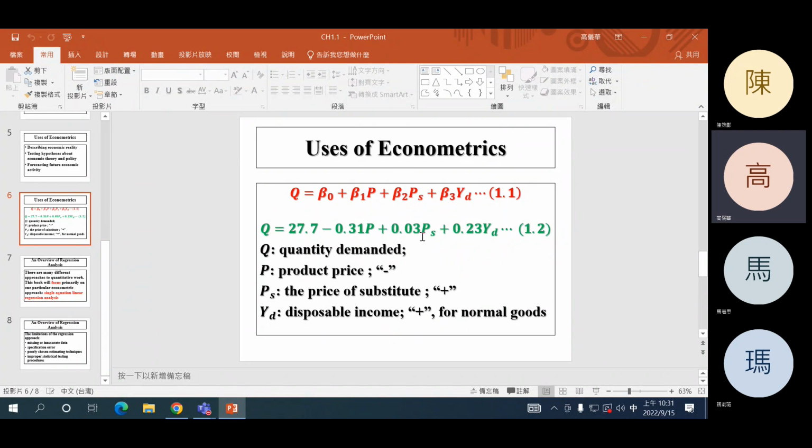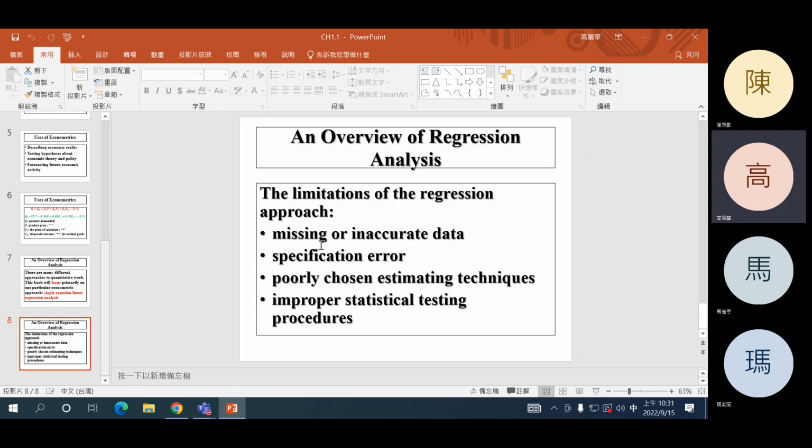It means useless. So be careful when we have missing data; we should have accurate data.